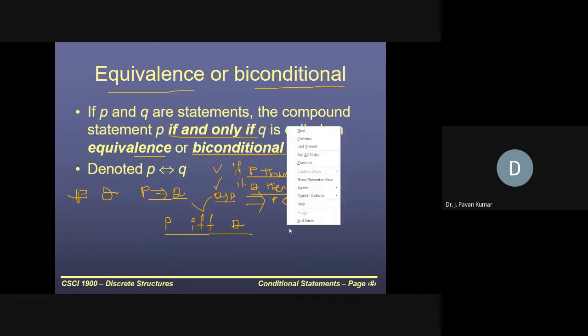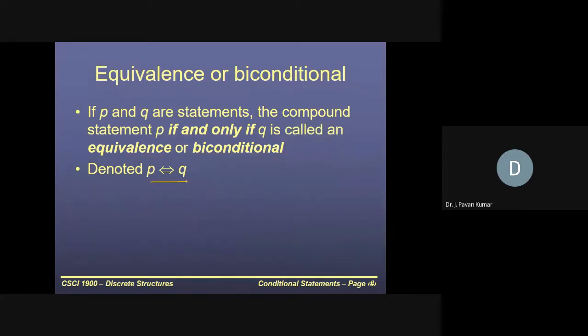Now you answer, what is P biimplies Q? P biimplies Q is nothing but whenever P implies Q is true, Q implies P also should be true. What does it mean? P implies Q should be true and Q implies P should also be true. This is the equivalence.